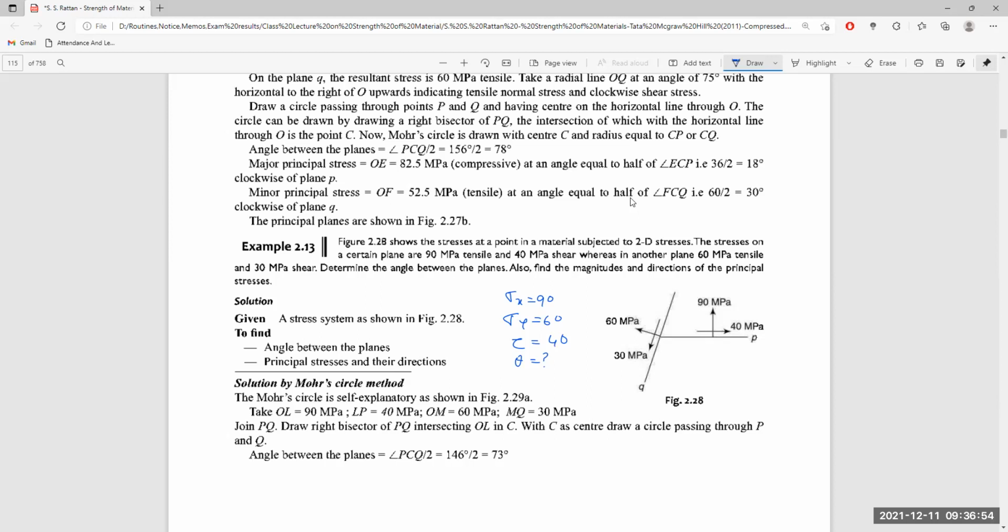It is not sigma y, but sigma theta, with tau theta.